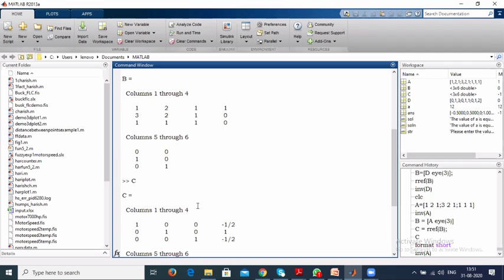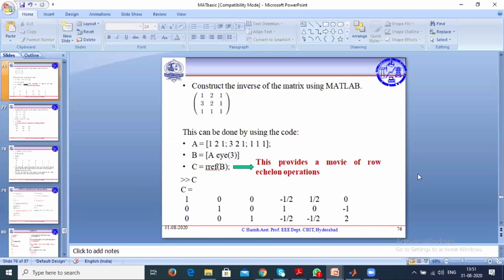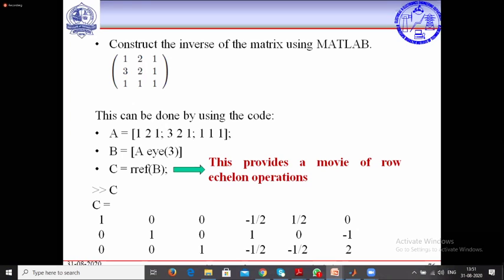Is it clear, my dear friends? Is it clear or not? If you don't answer me, it will be a big problem for me. I'm not able to guess whether you have got it or not. Tell me yes or no. Is it clear or not? Not clear.